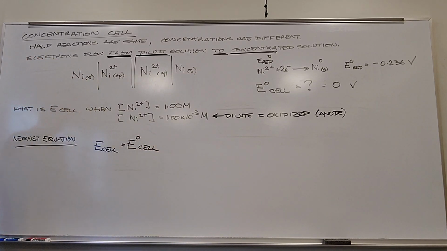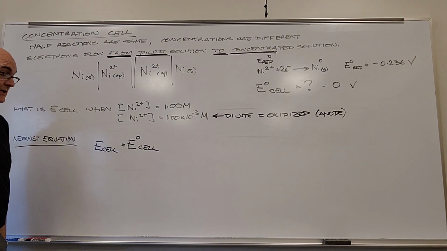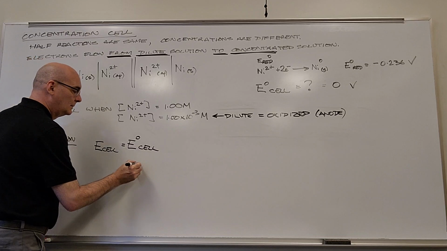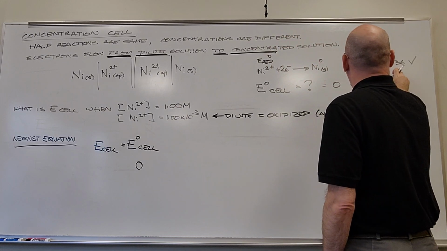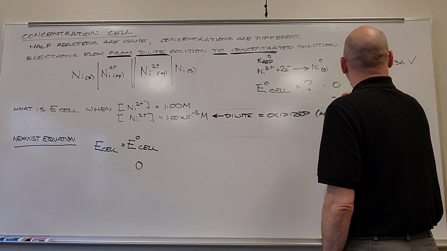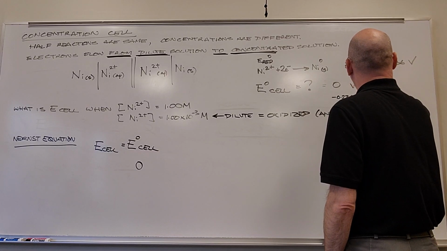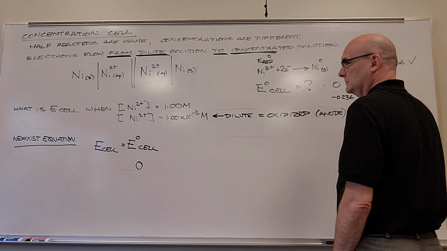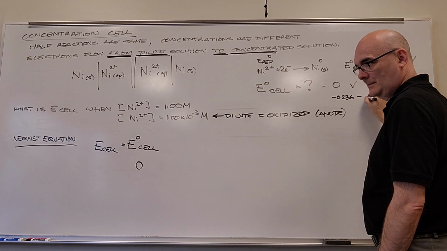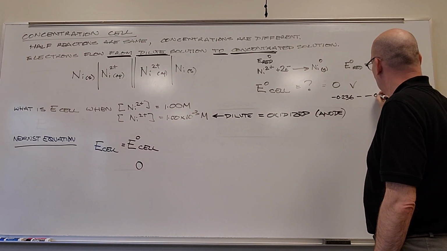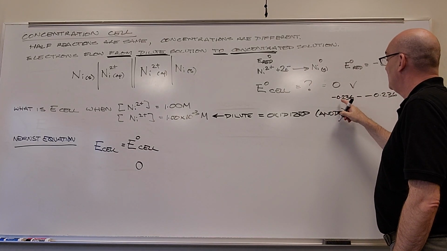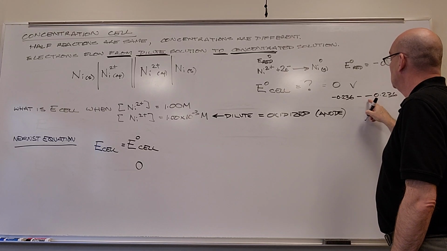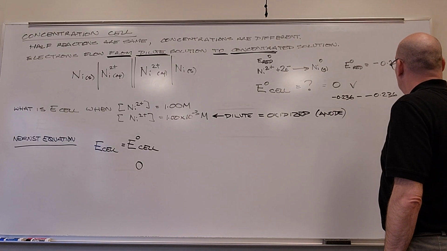The cell potential for this concentration cell is the standard cell potential, which is 0. This 0 is a reduction potential of minus 0.236 volts minus negative 0.236 plus 0.236 equals 0.